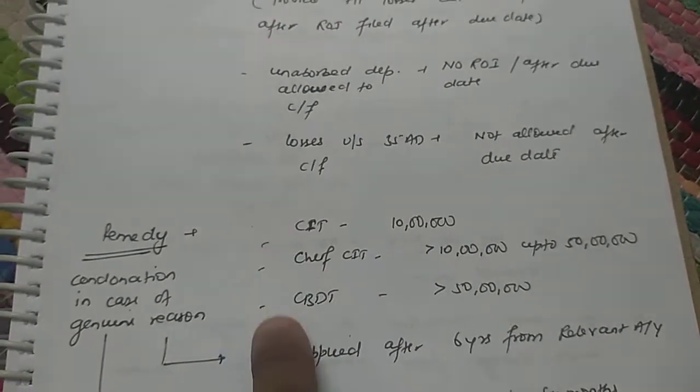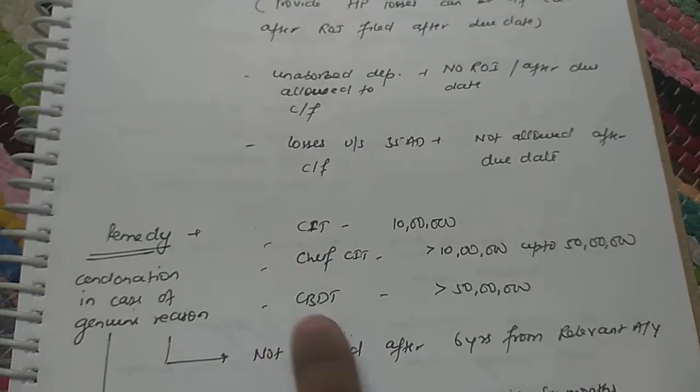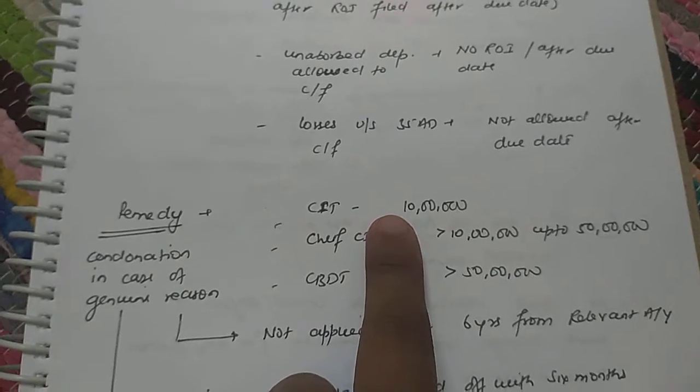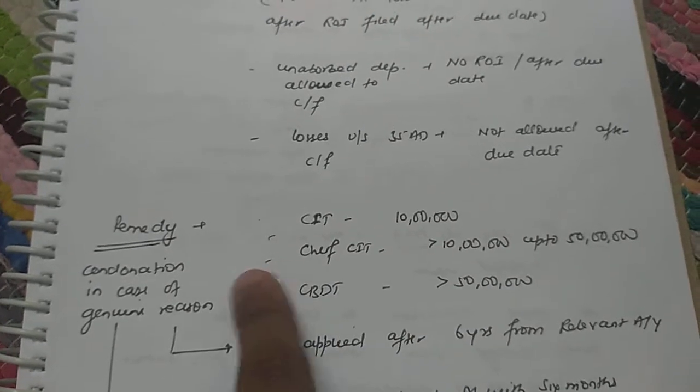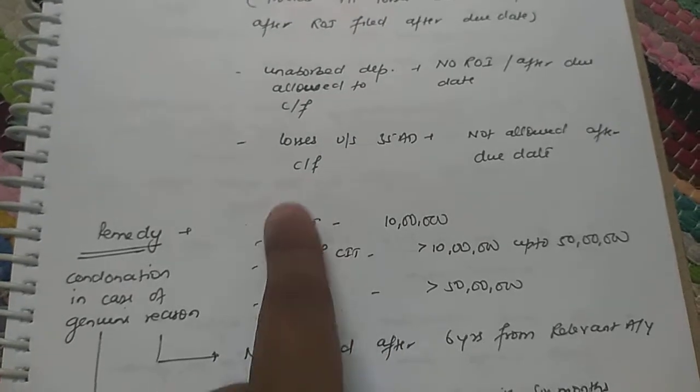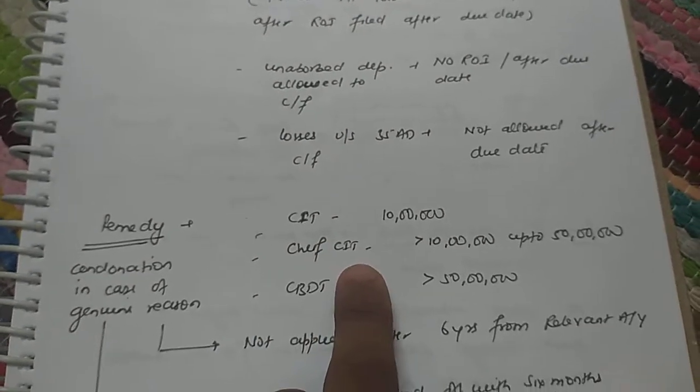And if these authorities find that there is a reasonable cause for the delay in submitting the return of income on or before the due date, then they can allow the assessee to carry forward their losses.